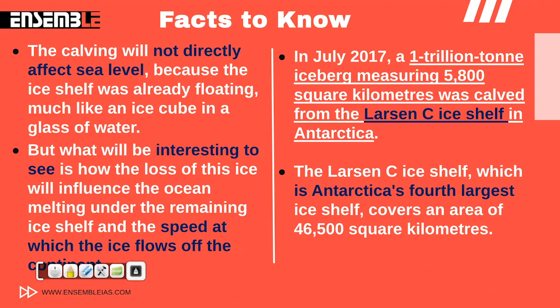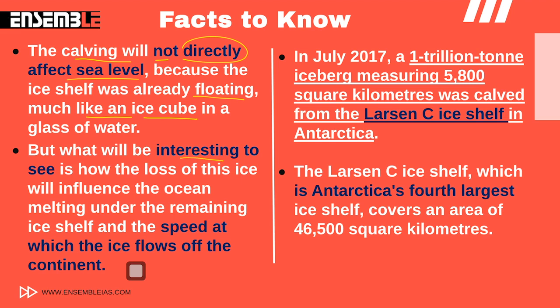Another fact that you should know is that this calving will not directly impact the sea level. It can indirectly impact the sea level but not immediately, because there is no melting of the ice shelf immediately after it breaks off from the mainland. What happens exactly is that it floats much like an ice cube, the same as if you put ice into the water of a glass.